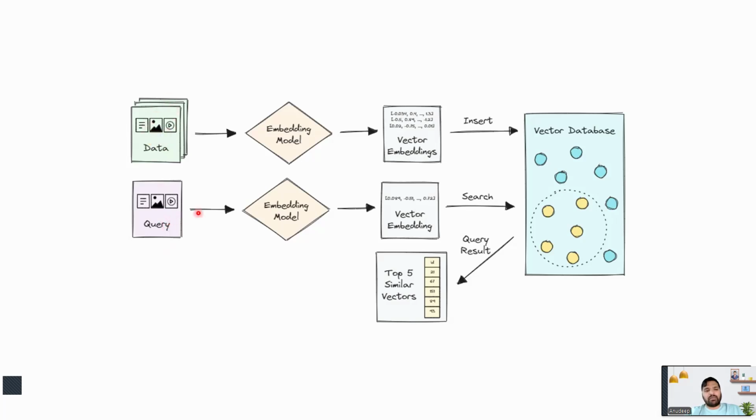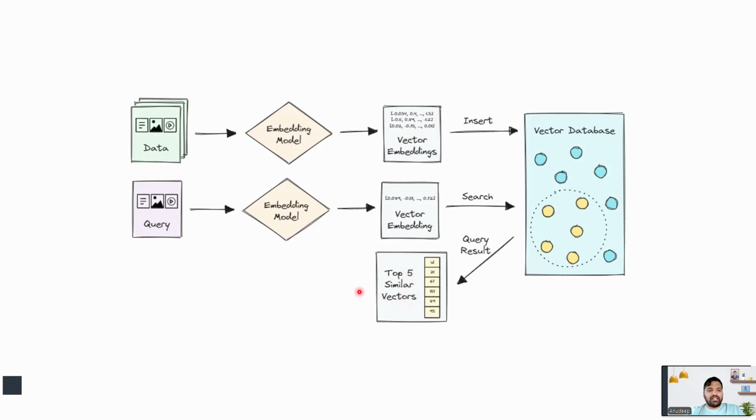Now, I have a query which belongs to this corpus. I use the embedding model to convert this query into vector embeddings. Once the query is converted, we compare it with the existing documents in the database and try to match it with similar vector documents there. Once we have matching results, we arrange them as the top five similar vectors.